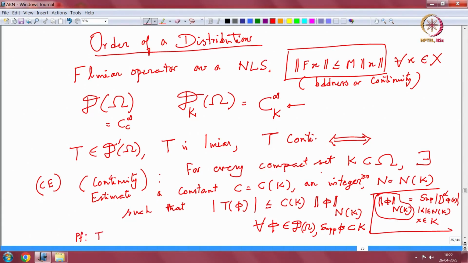T is in D prime is equivalent to phi maps to T phi being in D_K prime, for all compact K contained in omega. We have discussed this a lot in the discussion.